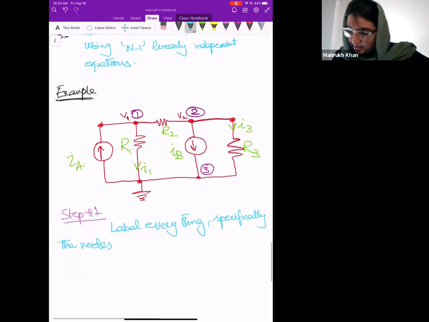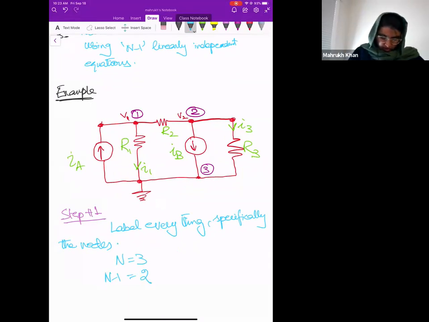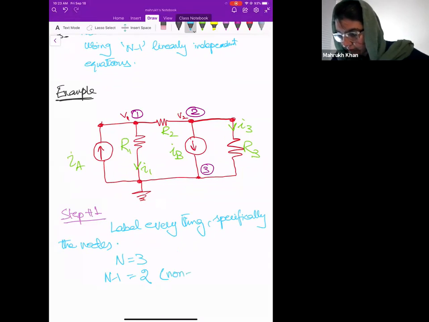So our n is 3, n minus 1 is 2, and n minus 1 means the 2 non-reference nodes.